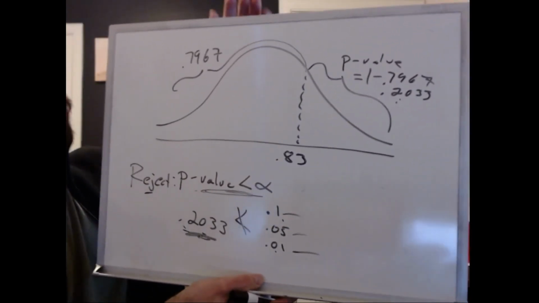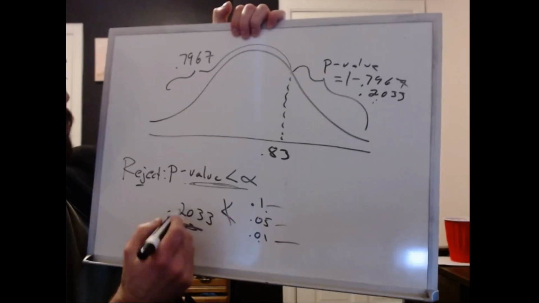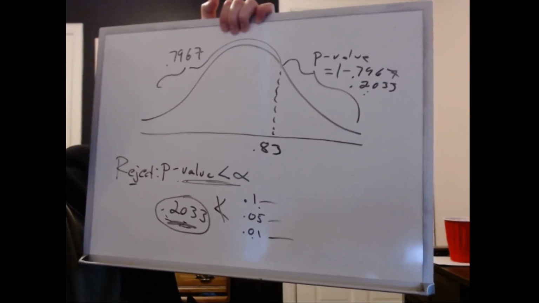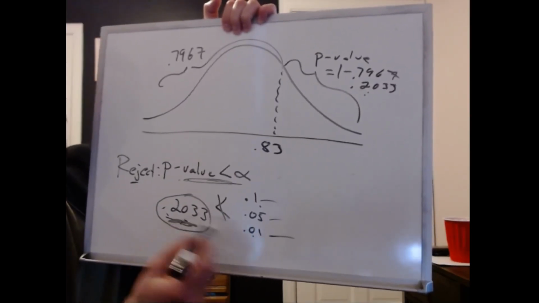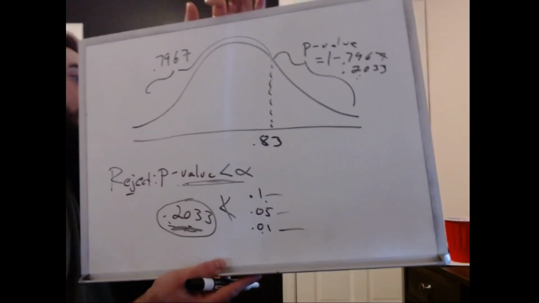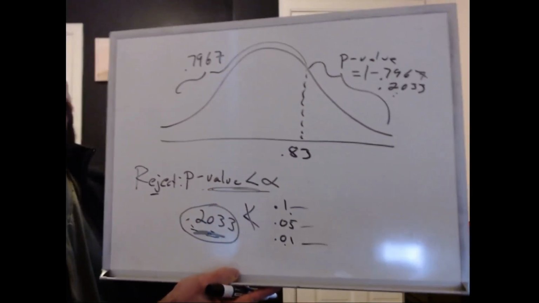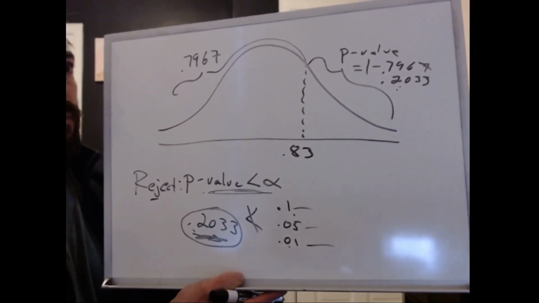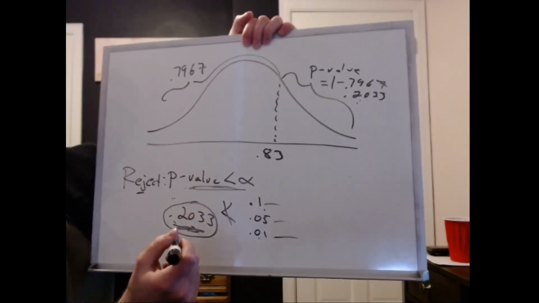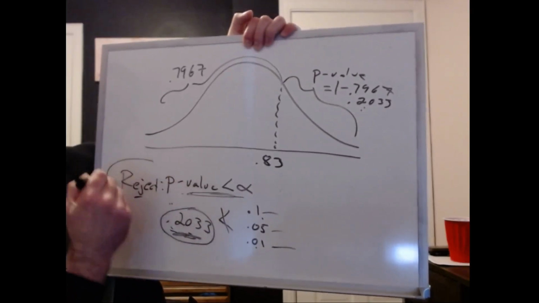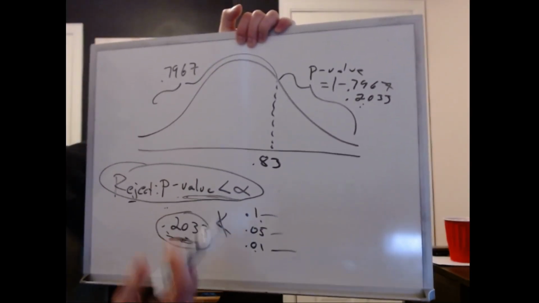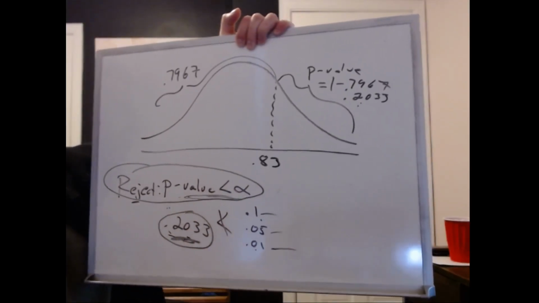I was thinking of the scenario where we had something less than all three, but in this case we did not. So we would fail to reject at every single level. We found our p-value of 0.2033, which I think was the only thing the question actually asked for. This is the only condition for rejection using the p-value approach. If the p-value is less than alpha, we can reject at that level, and we can compare it to several alphas.